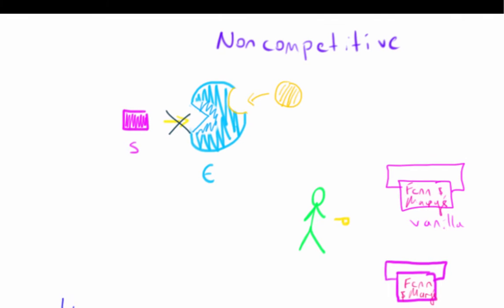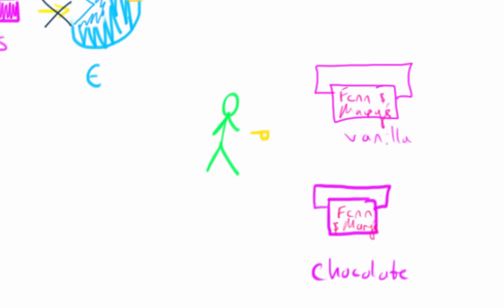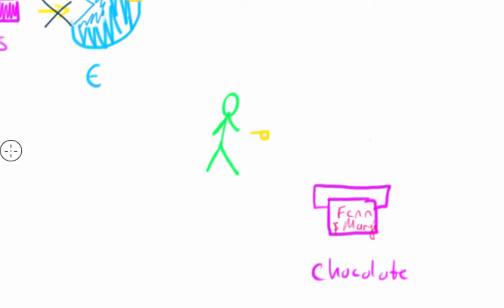Okay, what does this mean in terms of our analogy? Again, you see Ben & Jerry's chocolate ice cream, you say, yeah, I'm gonna get that chocolate ice cream. You don't see any vanilla ice cream because there is nothing competing with the affinity that you have for the chocolate ice cream. But how does this analogy then work? In non-competitive inhibition, you do not have a spoon.